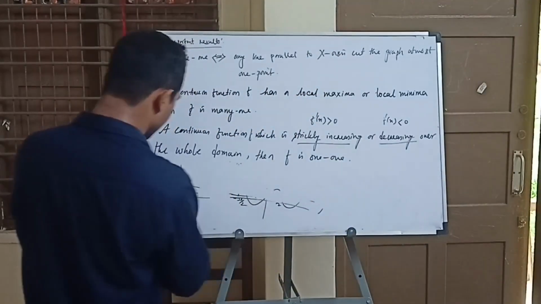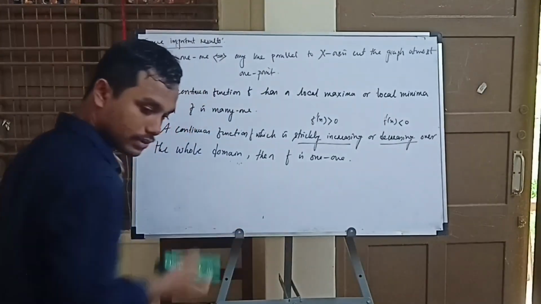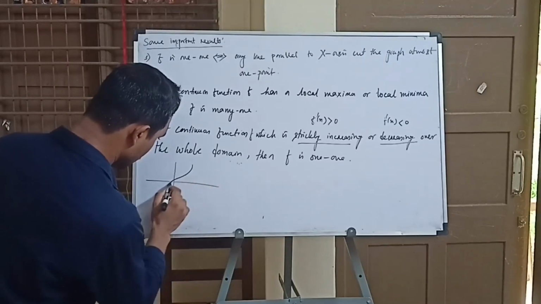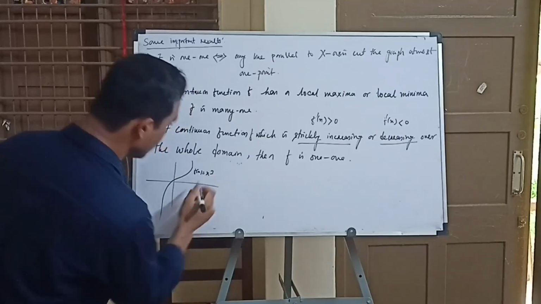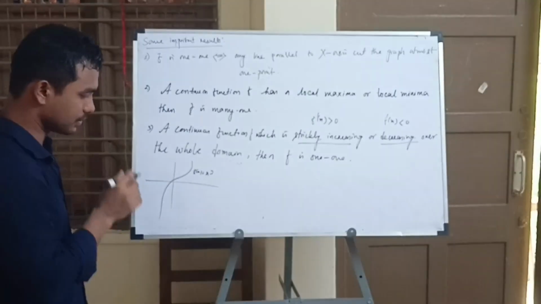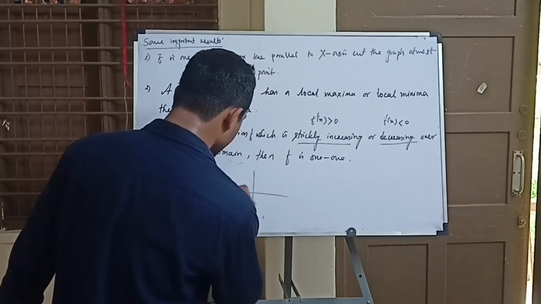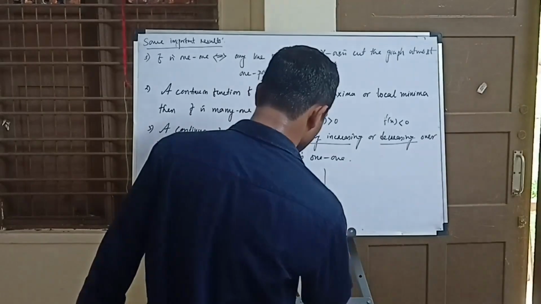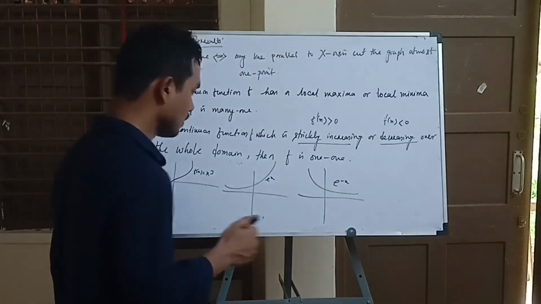Let me show some examples. Here, f of x equal to x cube is an increasing function on the interval. Here, e to the power x is an increasing function. Here, e to the power minus x is a decreasing function.